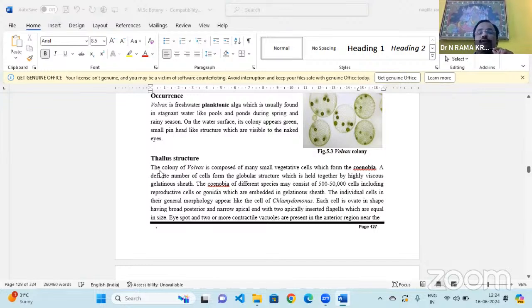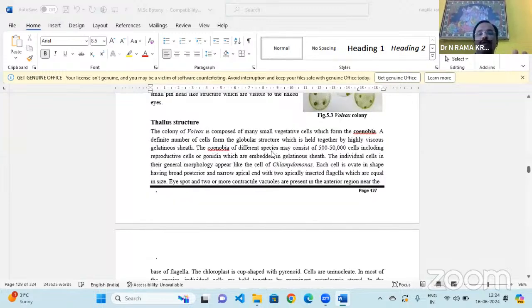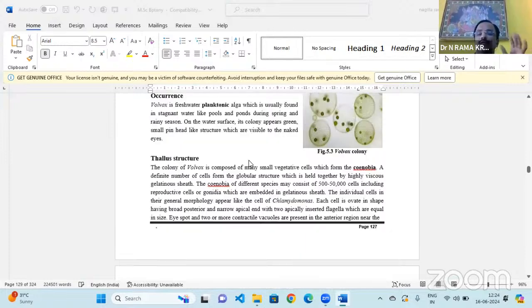Now you see, the colony of Volvox is composed of many small vegetative cells which form the coenobium. This is most important. So here this is the coenobium. What type of vegetative structures are in the Volvox colony? Volvox also belongs to Chlorophyceae.